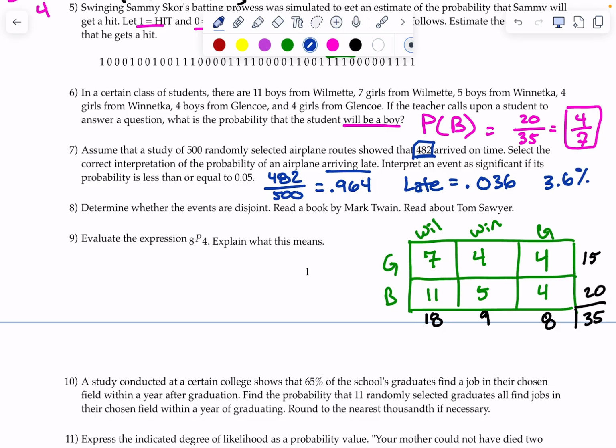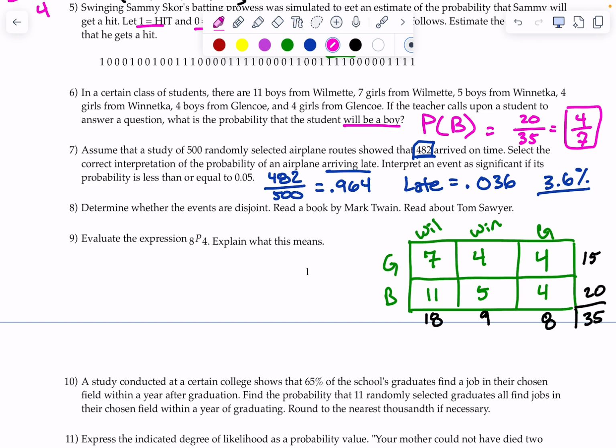Now, do you know what we did there? What strategy did we use on that one? What's the subtraction one called? The complement. We used the complement, right? So 3.6% arrived late. It says, select the correct interpretation of the probability of the airplane arriving late.